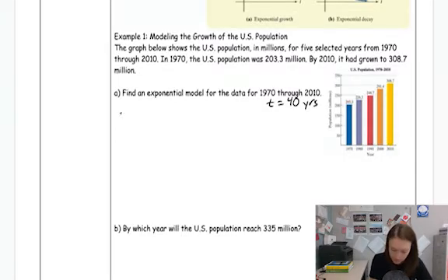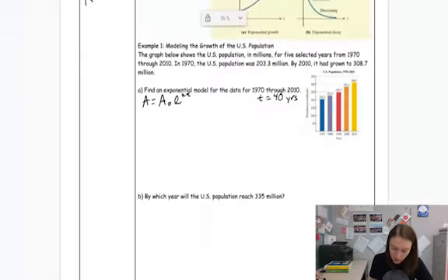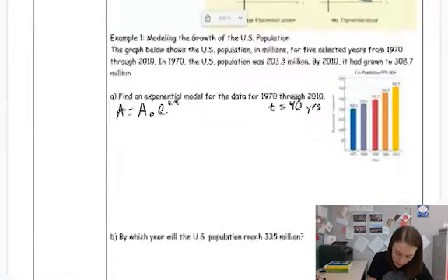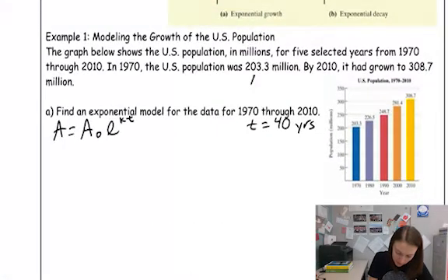I'm going to use the new letters here, just so we can see them. So A initial is going to be A sub 0, because in 1970, that was our population. So that was our initial population. This one is going to be A after 40 years.